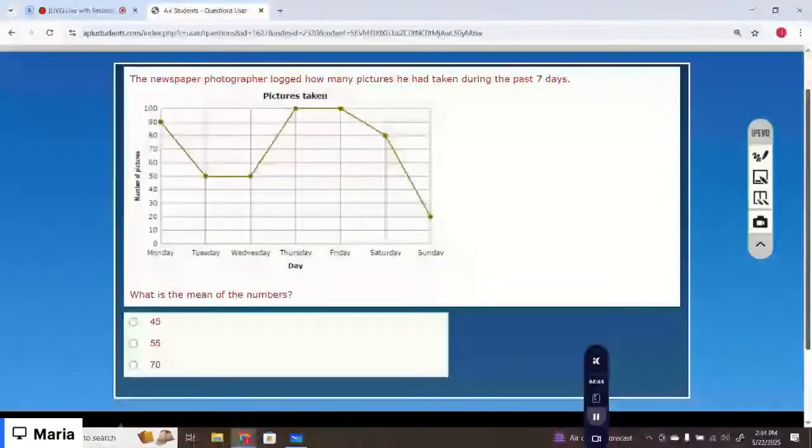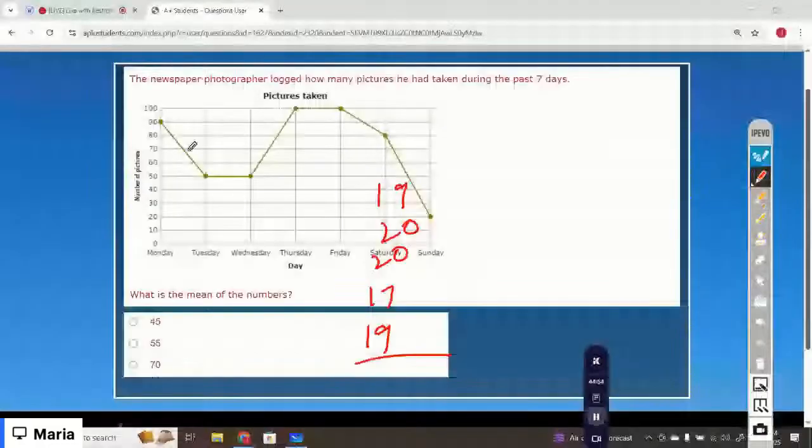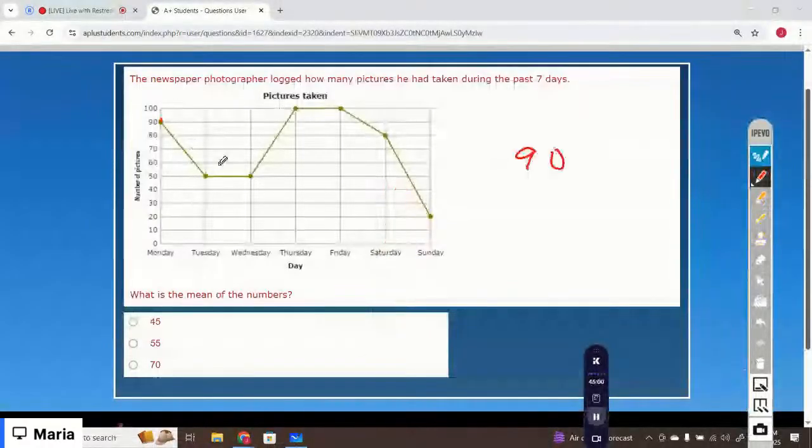The newspapers published the long pictures we had taken during the last 7 days. What is the mean of the numbers? So the values are 90, 10, 50 and 50. Then again 100 and 100. Then 80 and then 20.